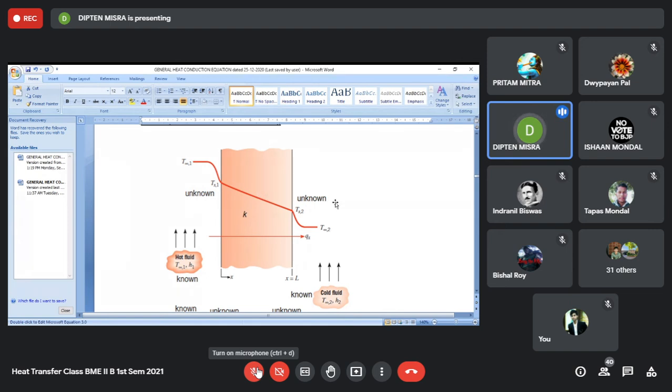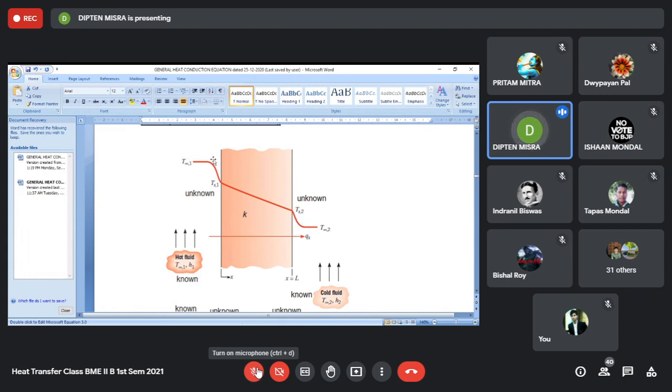And if you call this side as side 2, by similar means, if you take away your temperature measuring device, it may be a thermocouple or a thermometer, if you move far away, then you will see that the temperature is the same. And that distance at which the temperature is the same, that is beyond your thermal boundary layer. So this is inside the thermal boundary layer, where there is a temperature drop.